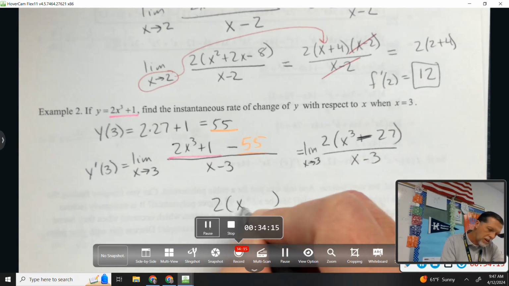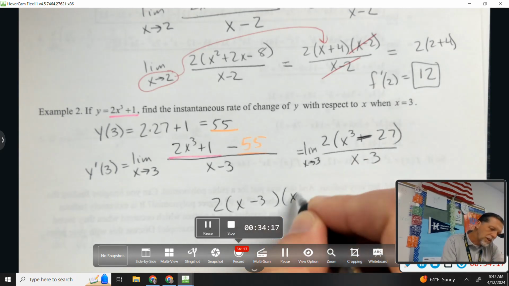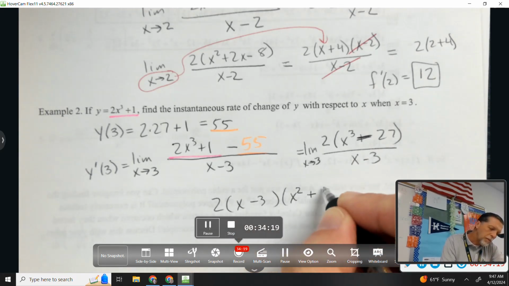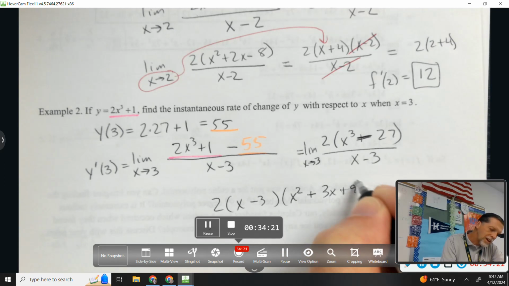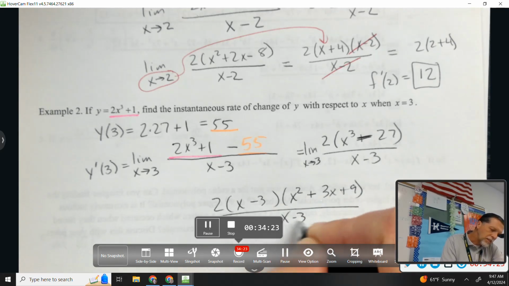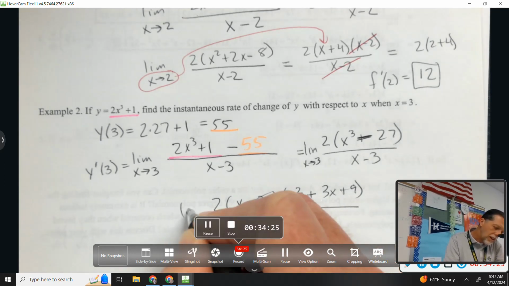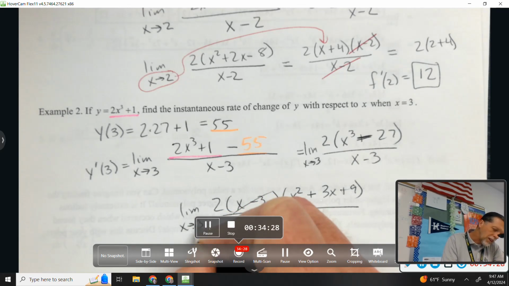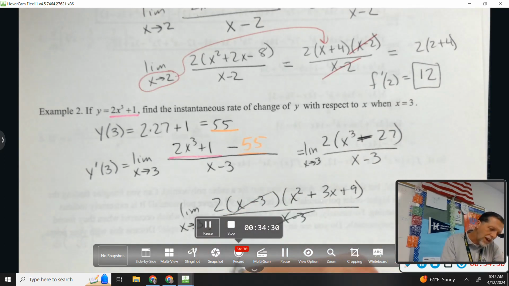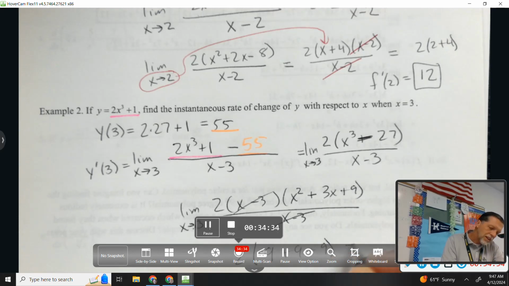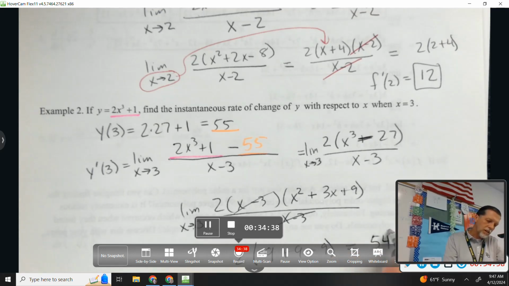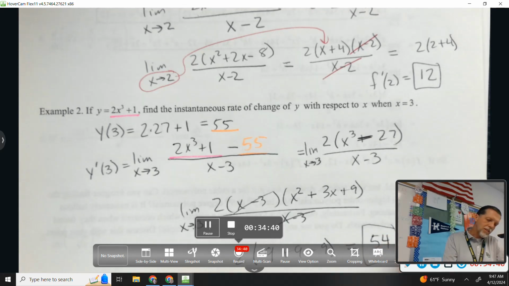X minus 3, x squared plus 3x plus 9 over x minus 3. The x minus 3's cancel. We plug in 3. Yes, I'm going fast. 2 times 9 plus 9 plus 9 is 54. And yes, that is right. That's the slope at point 3.